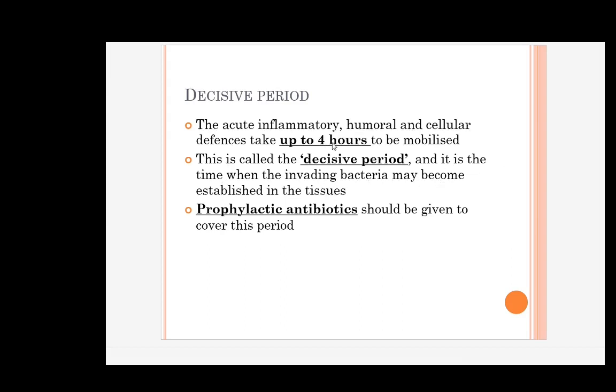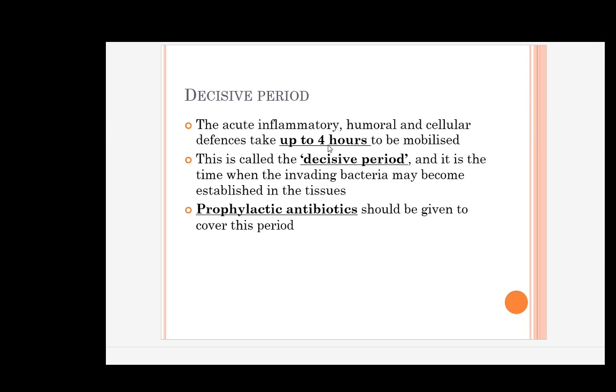That means within 4 hours, while your inflammatory, humoral, and cellular mechanism is gearing itself to take care of the bacteria, the body is practically defenseless, so to say. So if you have a very vigorous infection with a very potent organism, within these 4 hours it can do a lot of irreversible damage to the tissues.